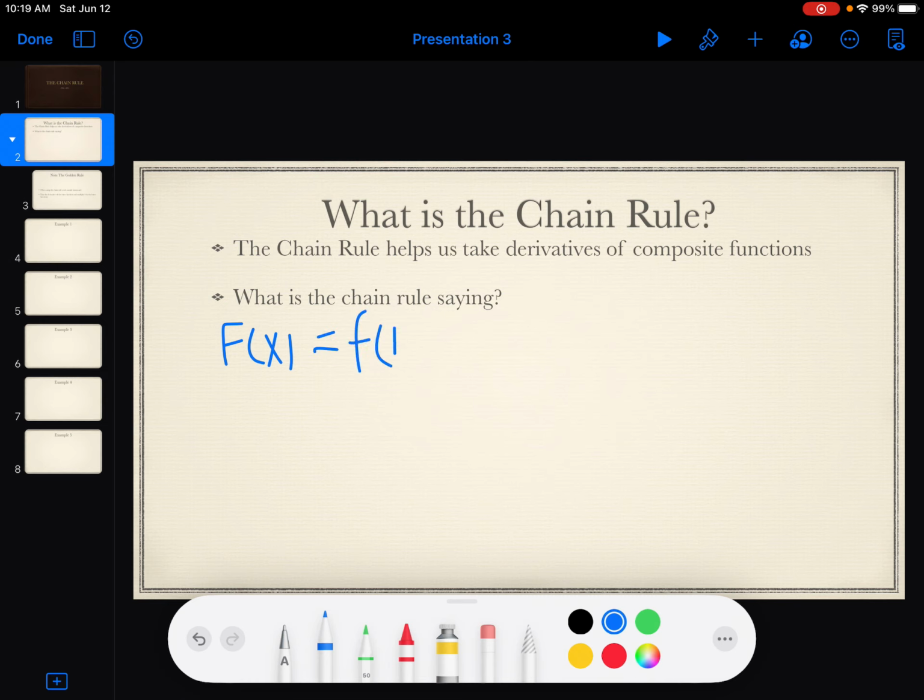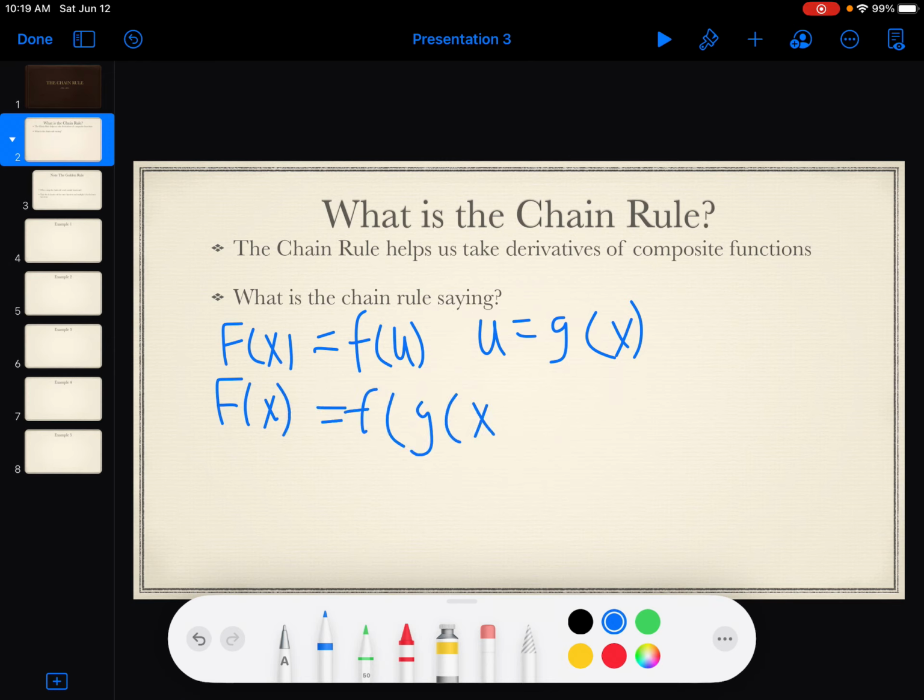Okay, so F of x is equal to f of u, and we're going to say u is equal to g of x. I'm going to make this arbitrary. I'm not going to give an actual function g of x or an actual function f of u. So big F of x is equal to f of u, and u is equal to g of x. Substituting in g of x for u, what do I get?